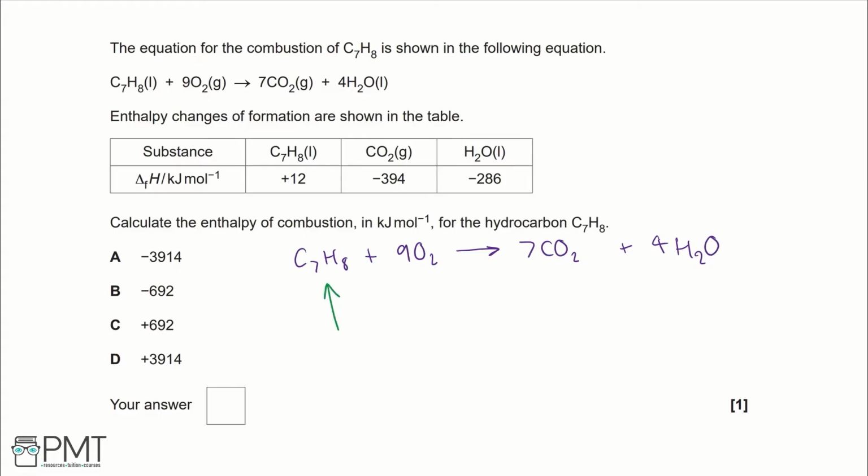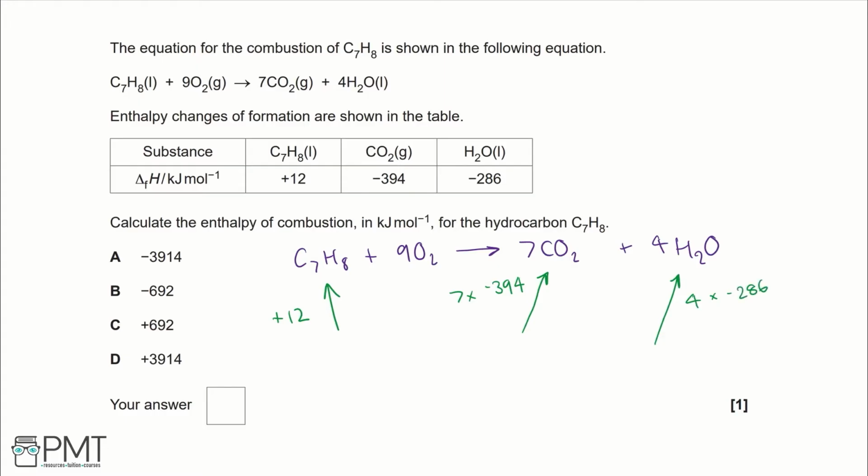So for our hydrocarbon, that's going to be plus 12. Oxygen won't have one because it's already being formed in its base elements. Carbon dioxide, we're going to do 7 times minus 394. And then for water, we've got 4 times minus 286.